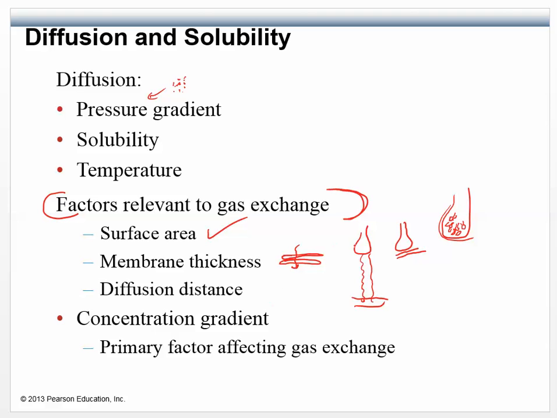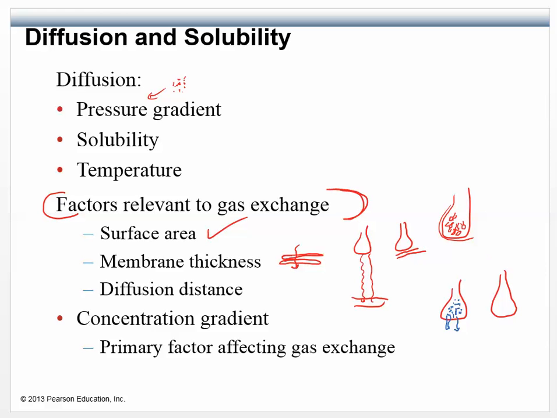Okay, so the concentration gradient, we've been talking about this. For gases, it moves from a higher pressure to a lower pressure. But we can also think of it this way: if we have lots and lots of oxygen in here, then it's going to move out more quickly than if we had less oxygen in there.